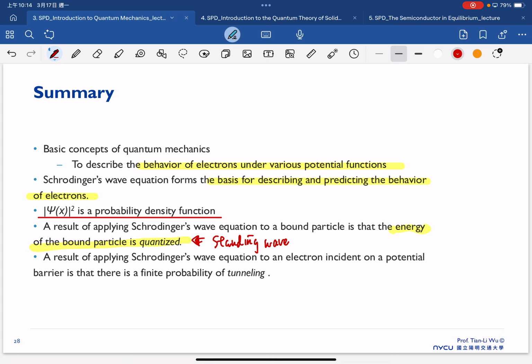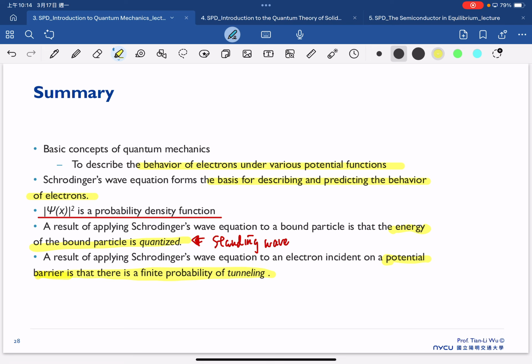Another result of applying the wave equation is that for an electron incident on a potential barrier, there is a finite probability of tunneling. So these are several important remarks that we should learn from quantum mechanics.